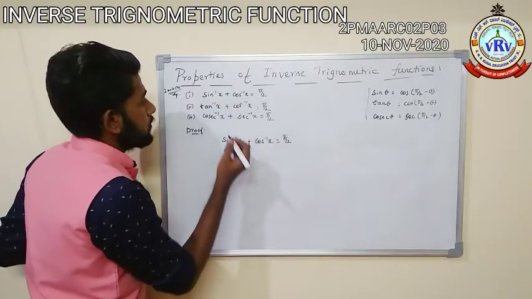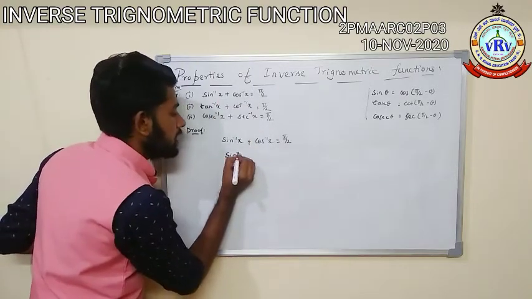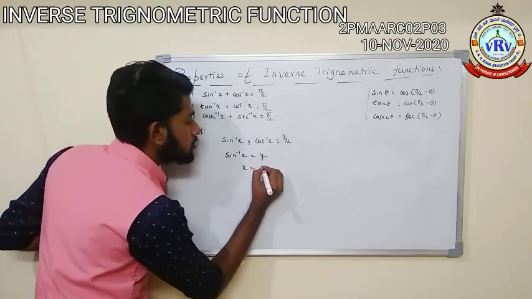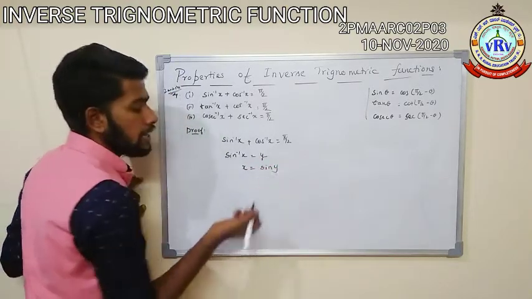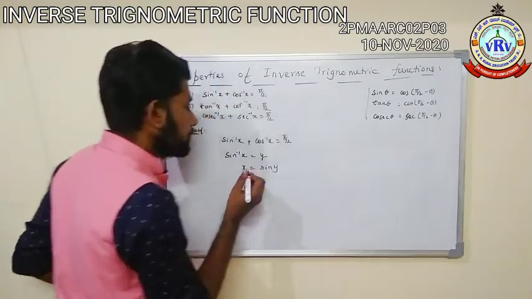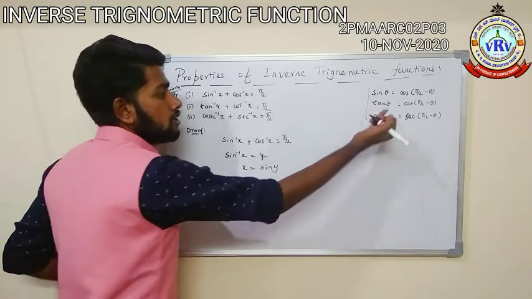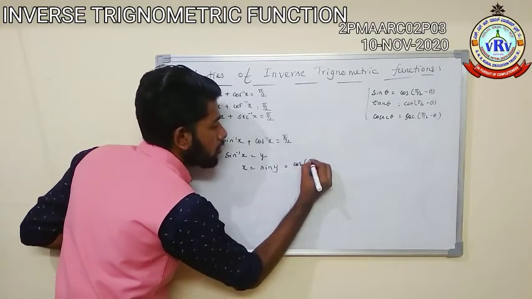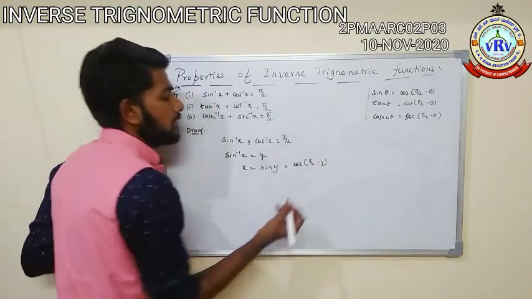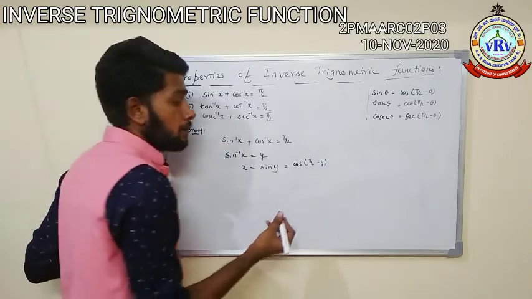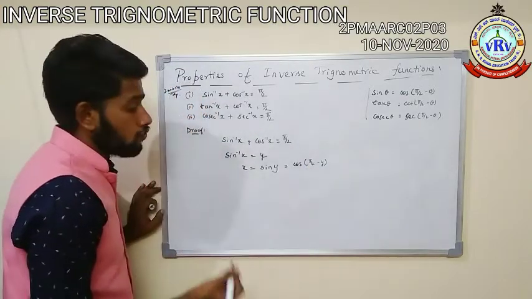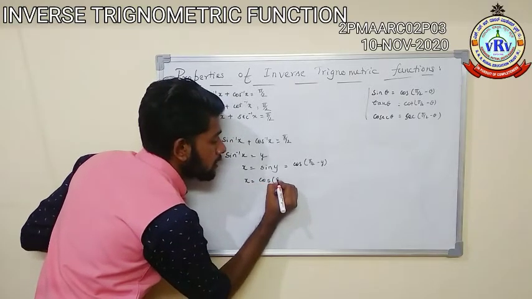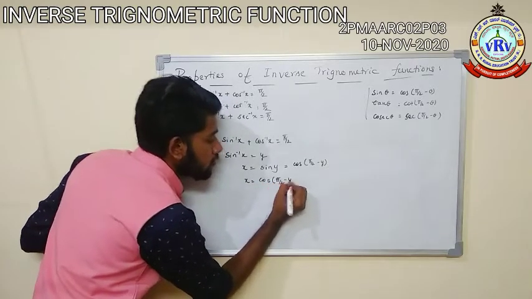So to prove this, sin inverse of x I am taking as y, and x is equal to sin y, applying sin on both sides. I am converting the sin function in terms of the cos function, which is the same as cos of pi by 2 minus y, 90 minus y. So x is equal to cos of pi by 2 minus y.